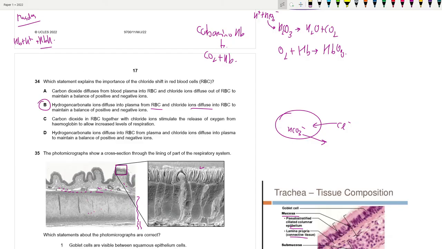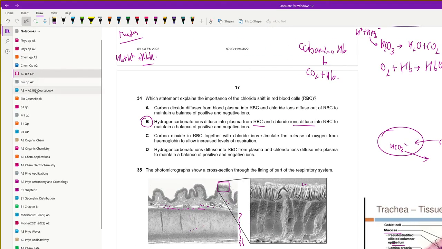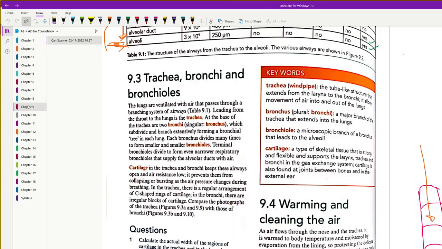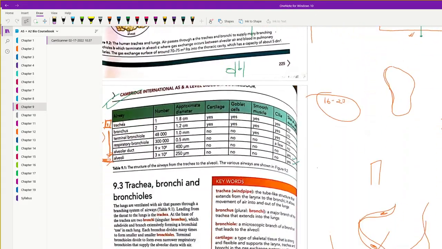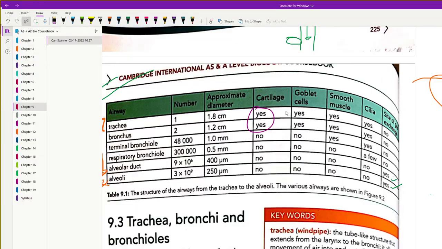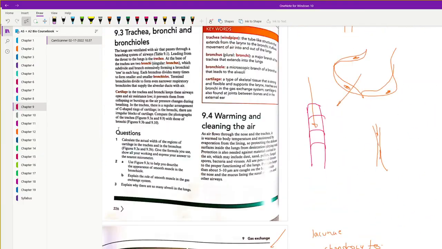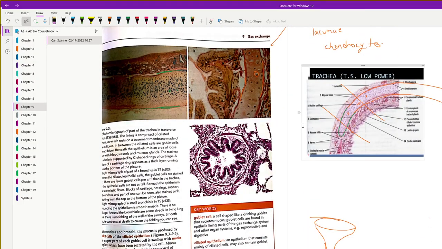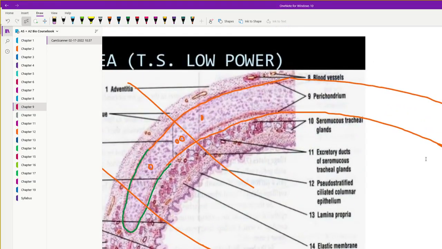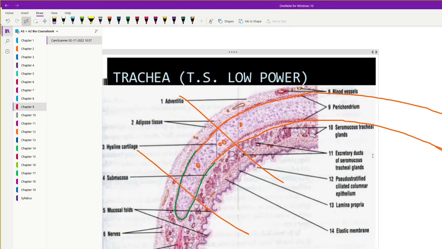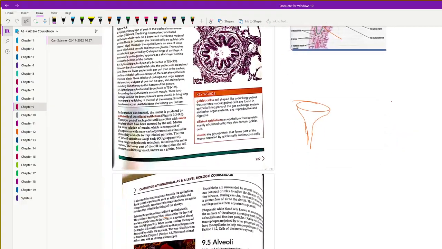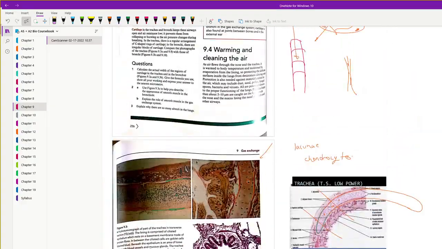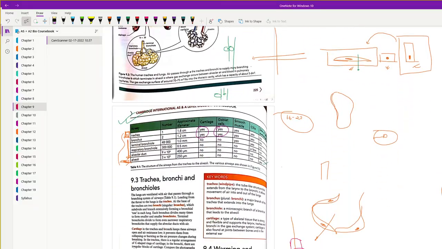Does the course book have a better picture? Chapter 9, right? So yeah, you will only find cartilage in these 2 parts and goblet cells as well. But how to identify a goblet cell?